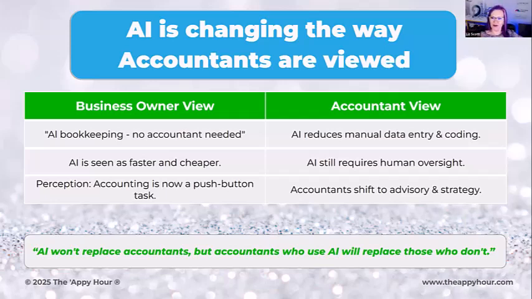So I would definitely say that most of us would prefer the human. That's why right now we're talking about business owner view versus accountant view. Where does AI fit in? I think our clients are going to be looking for AI friendly accountants more and more. I think you're right.